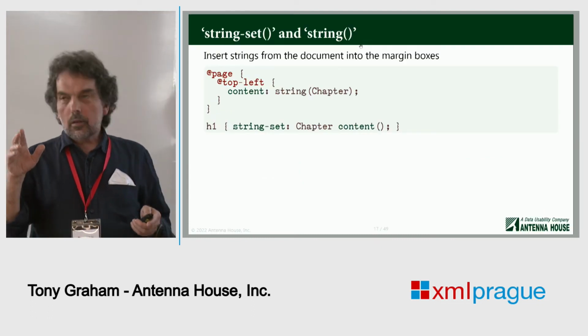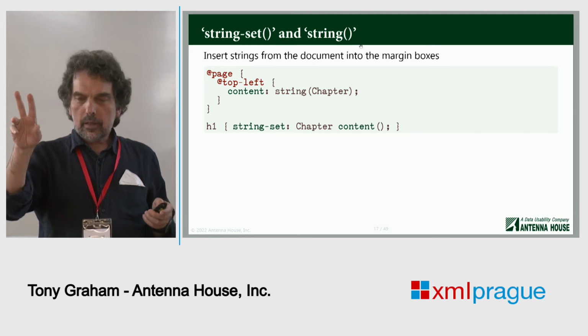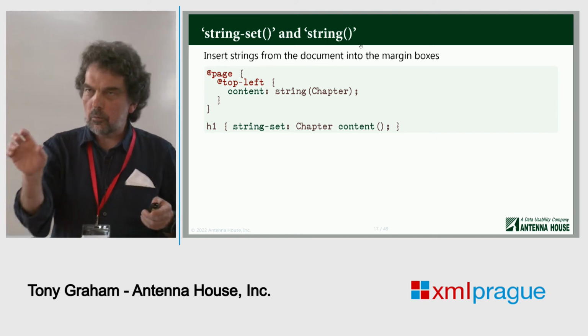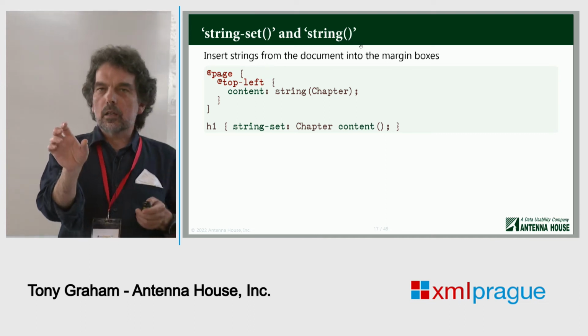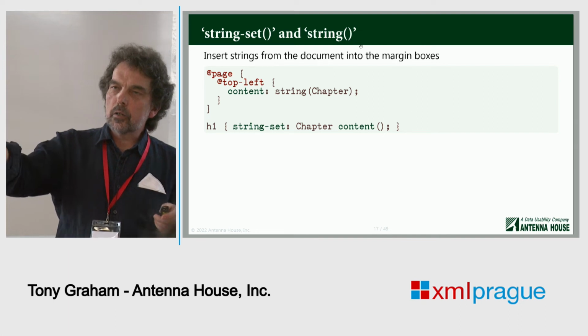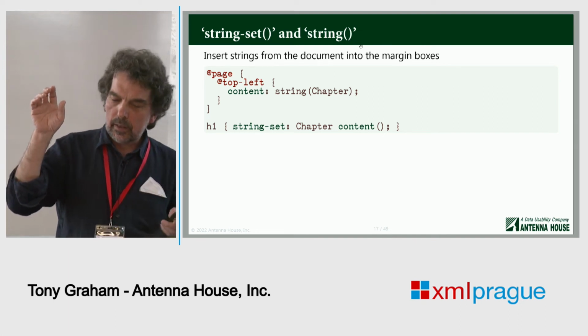There are two ways to direct content into the margin boxes, which we'll cover. You can direct strings that are copied from the content of the body of your HTML and used in the page margin boxes.